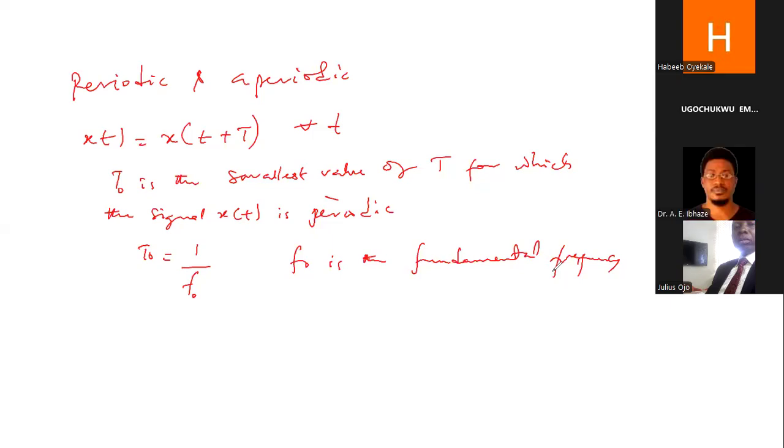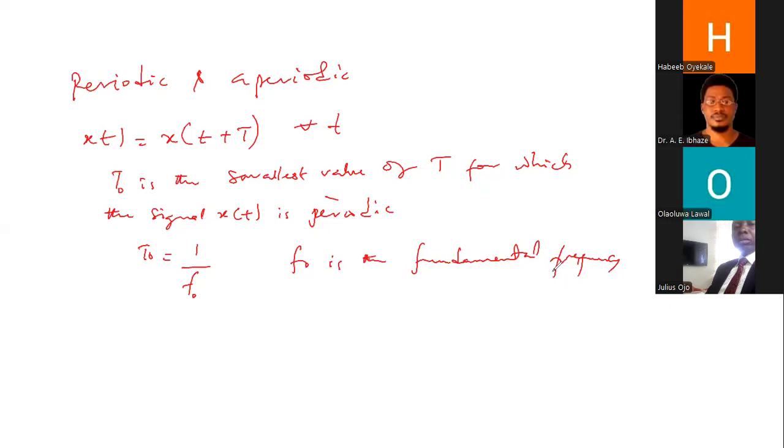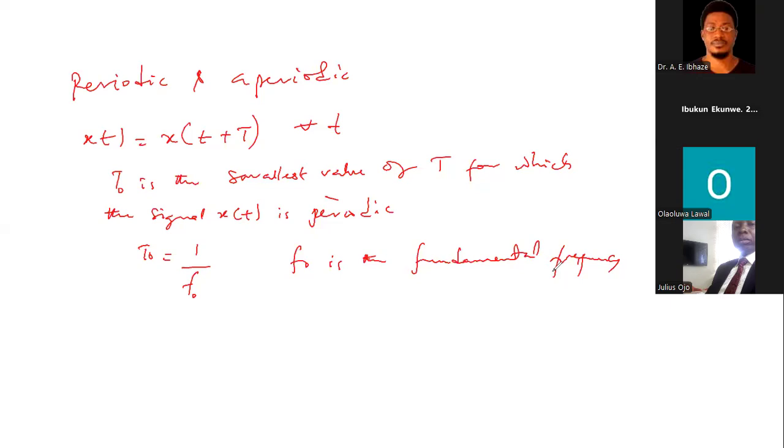Okay. Now, our good friend just asked, well, now looking at this definition, we just said the periodic signal is a continuous time signal, S of t, said to be periodic with this time period t, if there's a positive non-zero value of t defined by this, and we are saying, well, t naught is the smallest value of t.